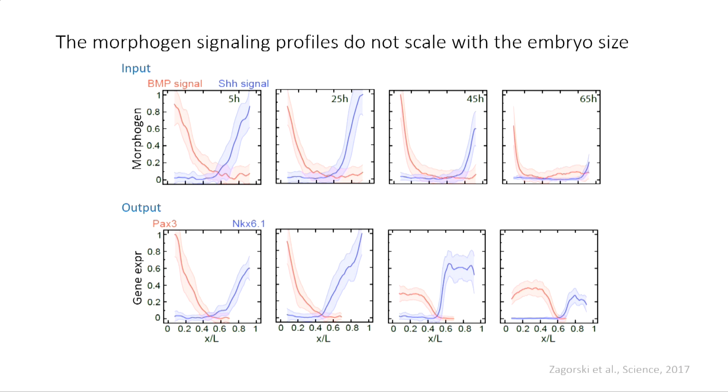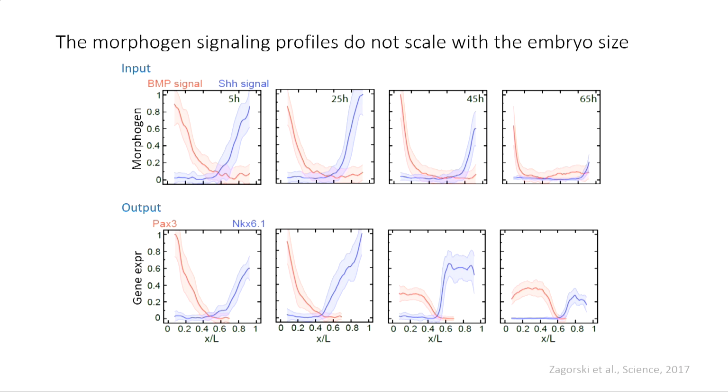What you can notice, and you could also quantify that, is that early on the morphogen signaling activity profiles are exponentially decaying.